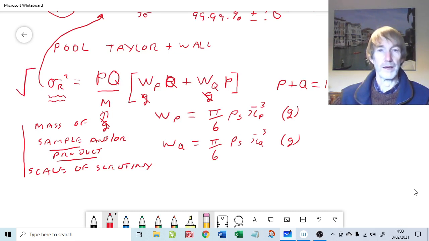So that's the expected variance, or the expected standard deviation, when we have achieved random mixing of our powder for a free-flowing powder.